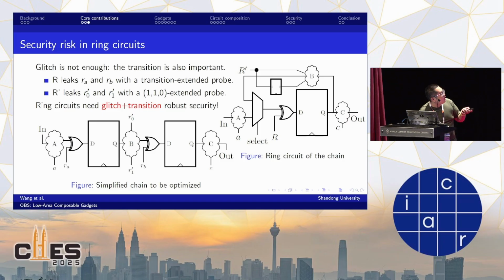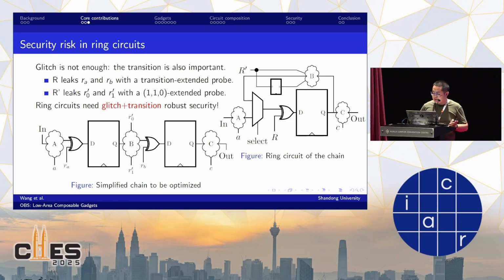For example, the randomness RA and RB in the old circuit are independent, but in the ring circuit we can get them in the R with a transition glitch. So the ring circuits need glitch and transition robust security, which is a new risk in these circuits.